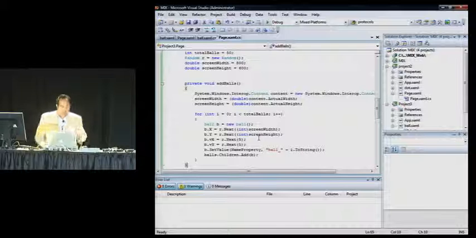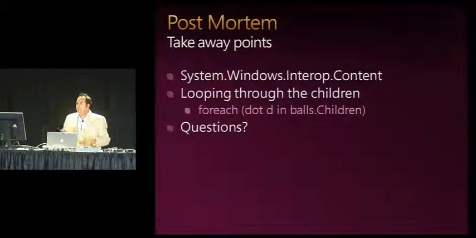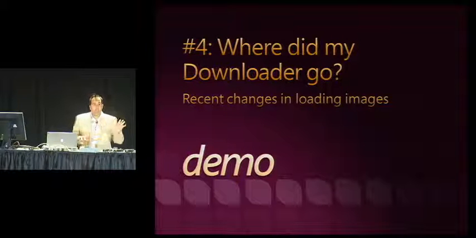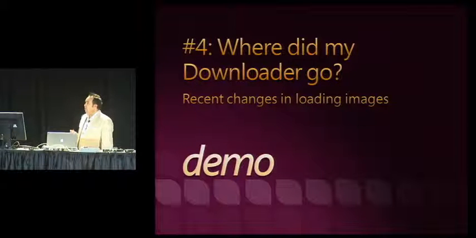And the sad point is that the downloader object is no longer present in 2. It was probably the biggest shock to me on what came out. Where did my downloader go? I'll be talking about this in the open space.